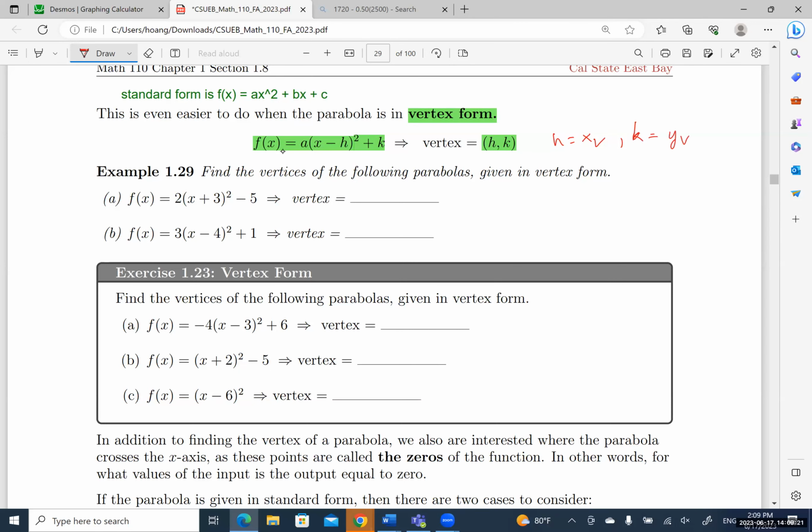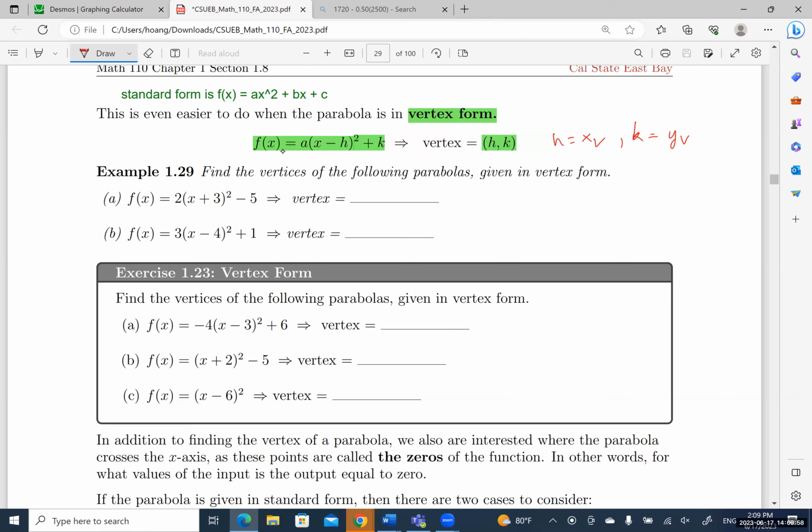So the x coordinate of the vertex and the y coordinate of the vertex are written using h comma k. Okay, so that is what you can use from now on instead of using the letters xv and yv. It's kind of just a label, but most of mathematics uses those letters.